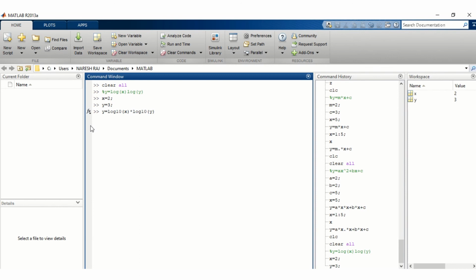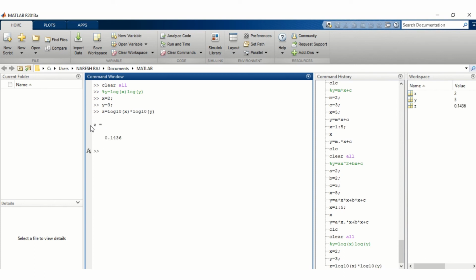Let's see, sorry, we change this y because we have used it before. We assume z. Okay, let's see the value of the equation. Now we see the value of log 10 of x.